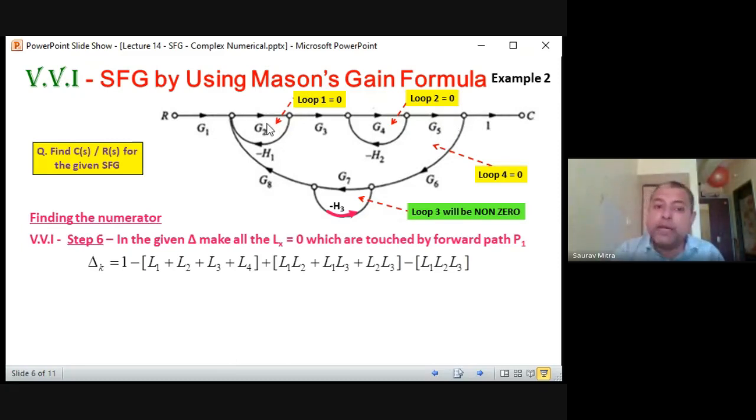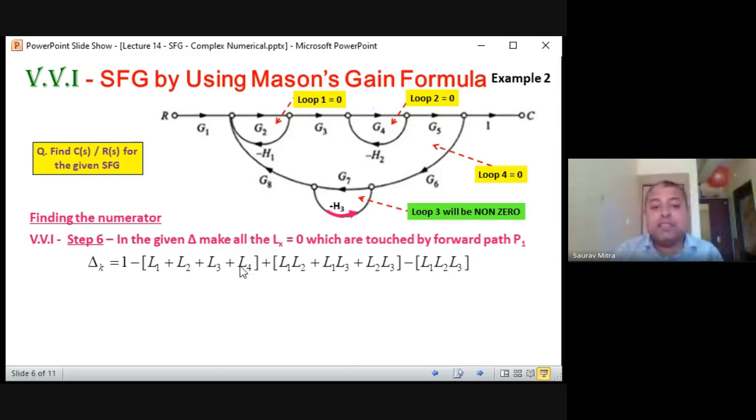This forward path is touching loop 1, so wherever L1 is there, we have to make that 0 in this delta equation. Then we will find delta k. Then this forward path is touching loop 2, so wherever L2 is there, we have to make it 0. That means wherever minus G4H2 is there, we have to make it 0. Why? The reason being the forward path is touching this loop 2.